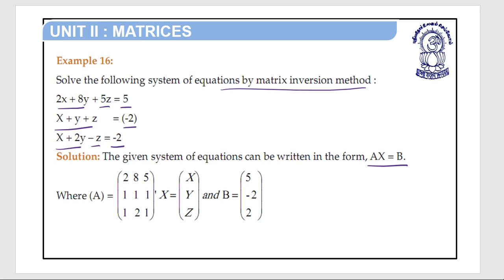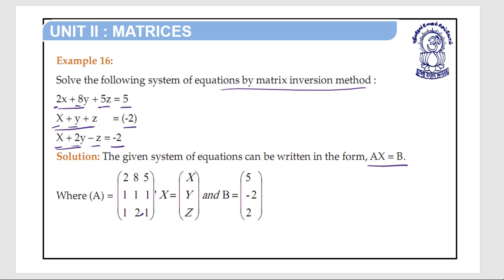So A is equal to 2 8 5, 1 1 1, and 1 2 minus 1.